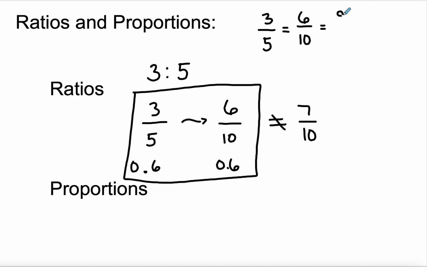So that's the same as 9 to 15, which is the same as 12 to 20, and so on. This is called scaling fractions. And hopefully we can see here that the value, 3 divided by 5, is the same as 6 divided by 10, is the same as 9 divided by 15, and so on.